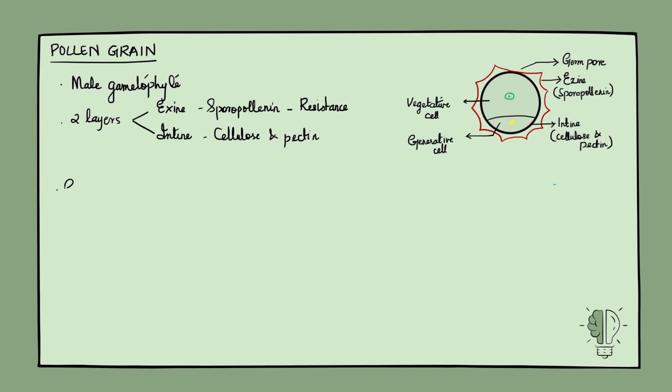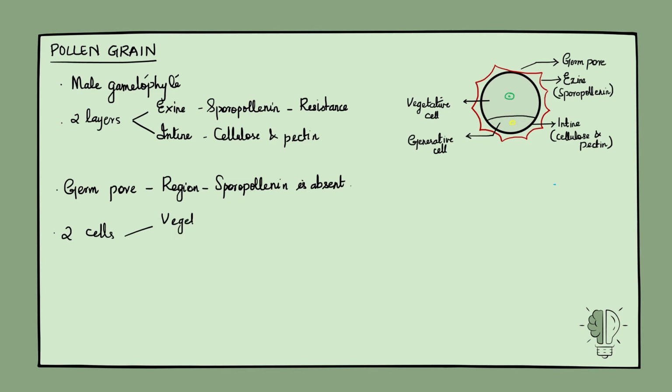Now the region where sporopollenin is absent is called germ pore. We also learned that there are two cells within the pollen grain.